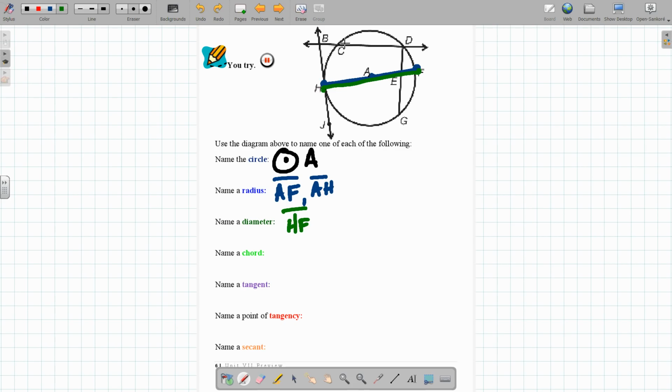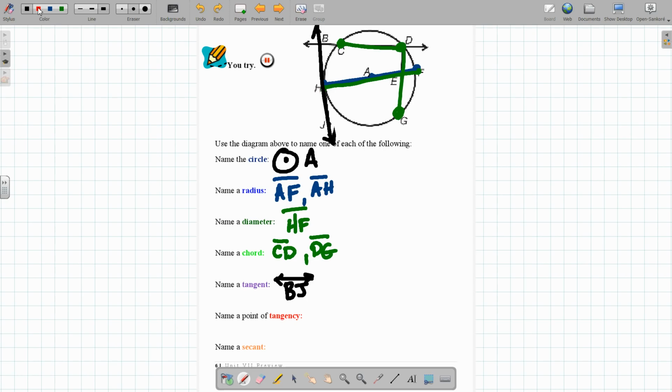A chord has endpoints on the circle. So I just do the segment CD. I could also do DG. A tangent touches the circle at one point, so that would be a segment or line. BJ would be a tangent.